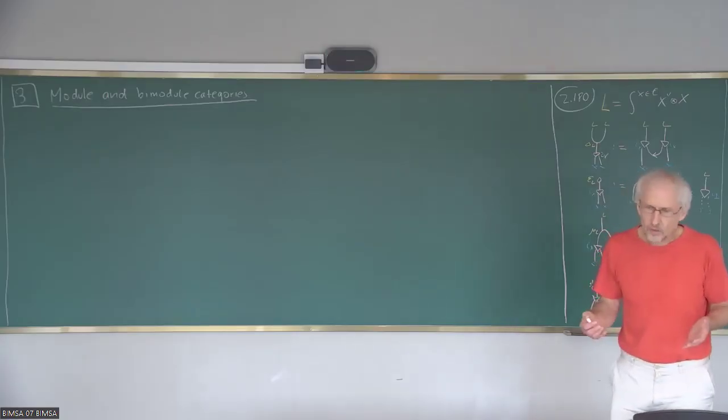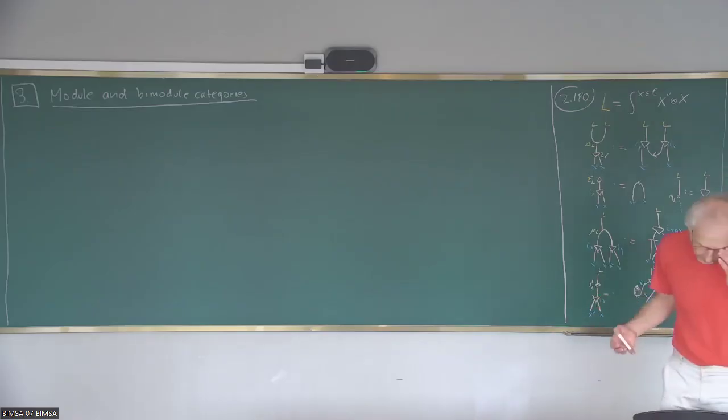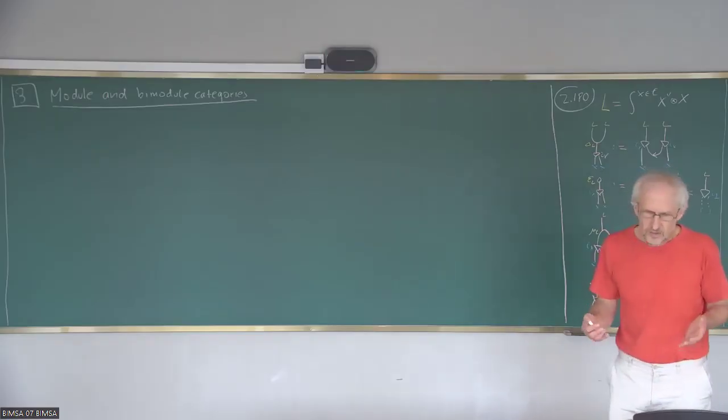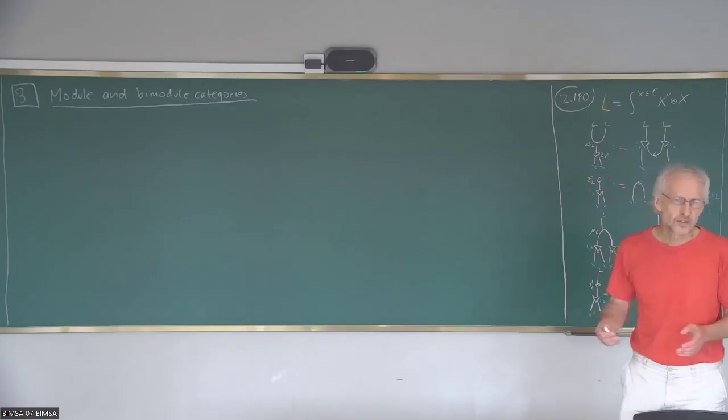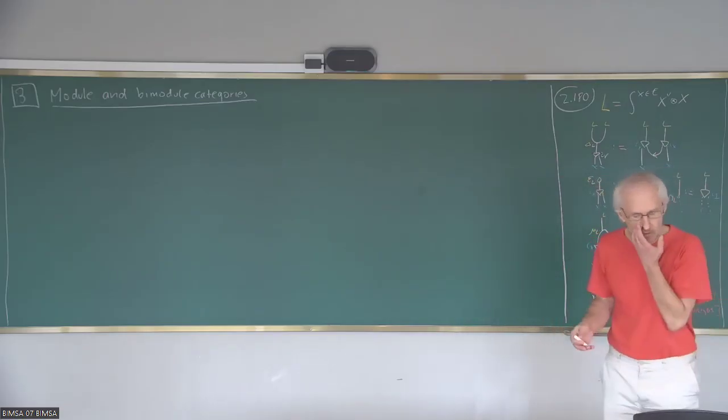And the second comment is: I introduced the notion of modular fusion category, or more generally modular tensor category. In a sense, not many of them are known. There are, of course, infinite classes, but very special infinite classes.